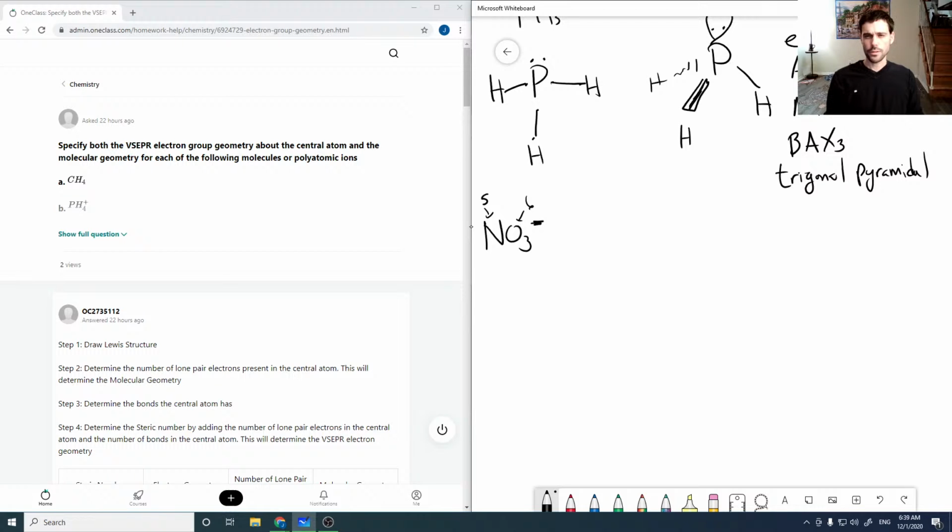And so there's 6 times 3 is 18, plus 5 is 23, plus 1 is 24, so 24 valence in total. So if we try to do our simple Lewis structure.